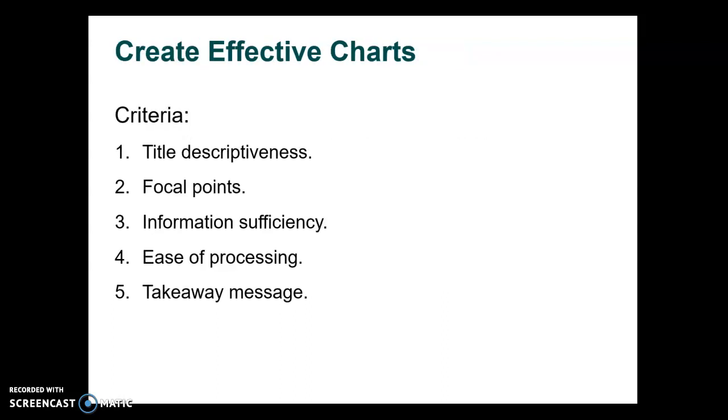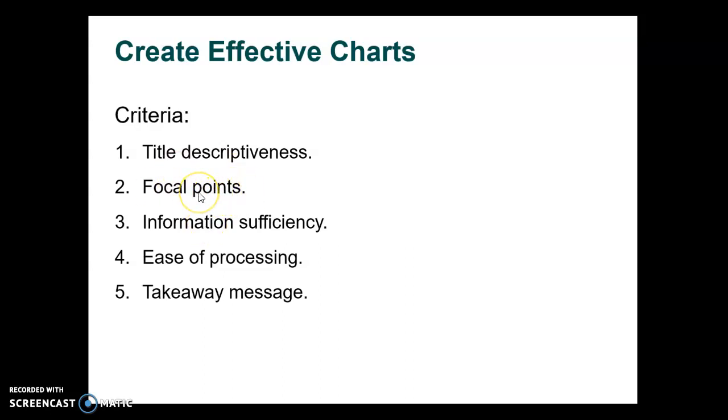All right, so again, they have parameters for making your chart, whichever kind of chart you use, more effective. And so you want to have a title that describes what the person is looking at. Focal points: depending on what you're representing, you want to show the actual number or point, whether it's numerical or done with actual dots.